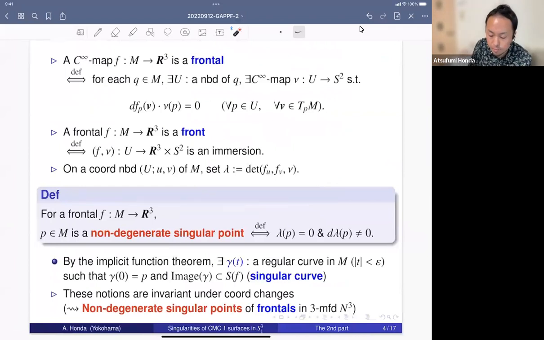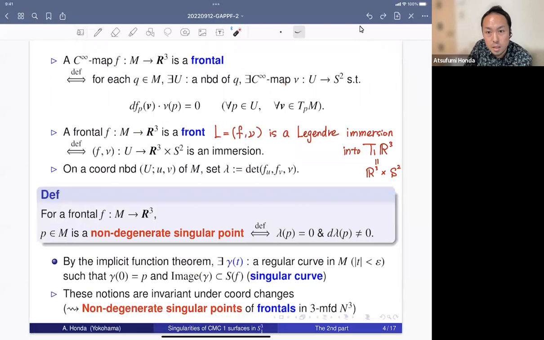A smooth map F is called a frontal if there is locally a unit normal vector field along F. Then a frontal F is called a front if the pair of these maps F and nu defines an immersion.